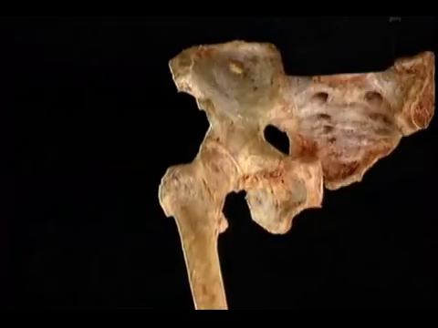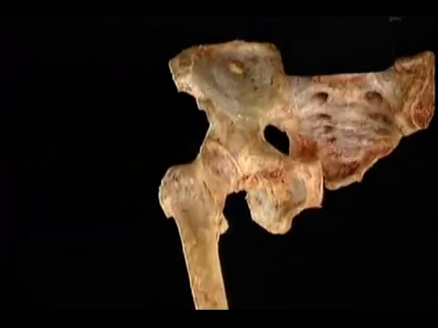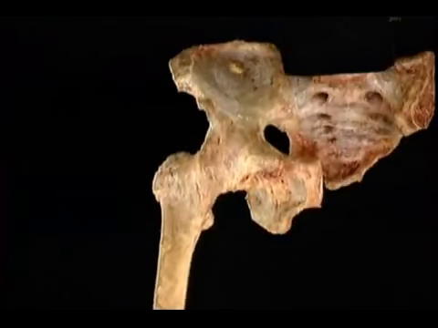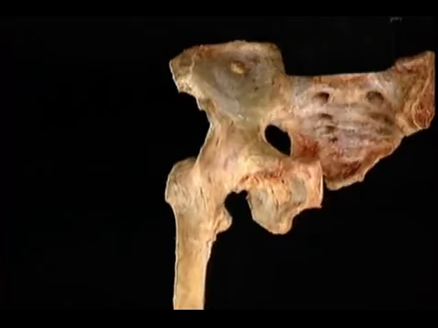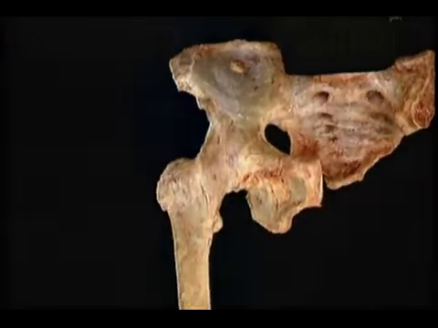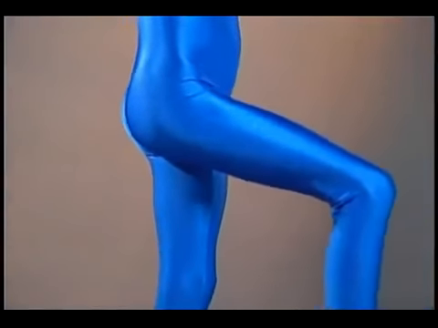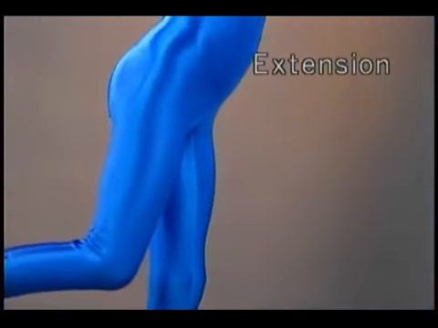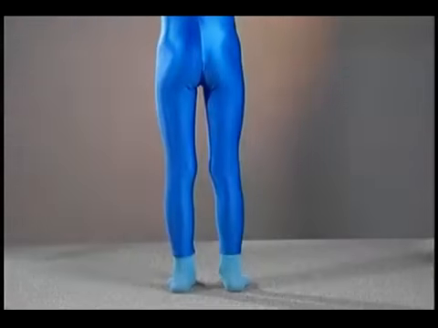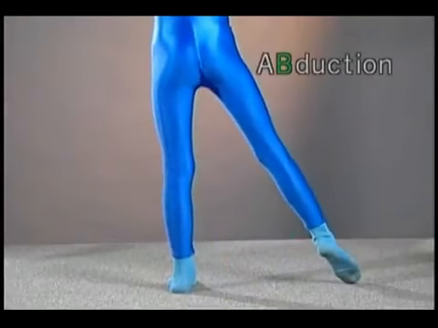Now let's take a look at the various different movements that occur at the hip joint. Movement can occur in three different axes. Forward movement is flexion. Backward movement is extension. Movement out to the side is abduction.